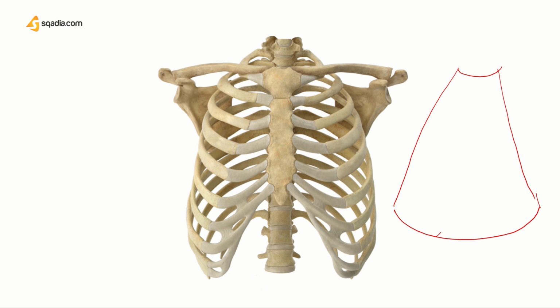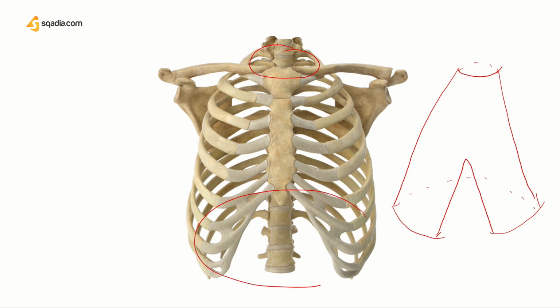So we have something like this. So there's our thorax, a truncated cone with a wedge-shaped opening at the front. And as you can see, it's narrower at the top, and then it gets wider at the bottom.